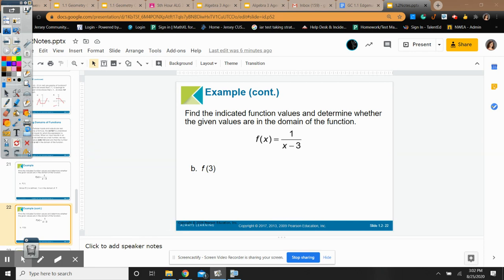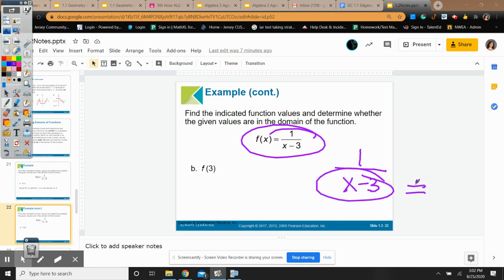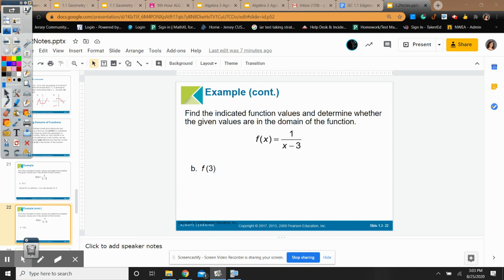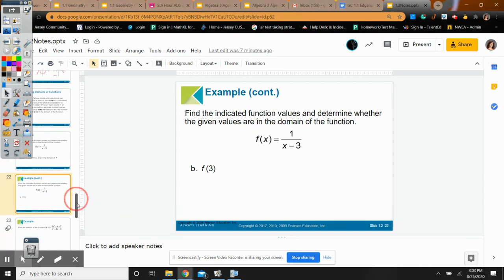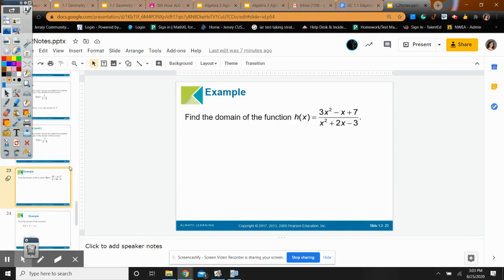It's the only number that would break this. And you should have known there's a risk factor because it looks like a fraction. So when it looks like a fraction, what you can say is, oh dear, this bottom cannot equal 0. You could have figured out x minus 3 cannot equal 0, and then you would have known that x cannot equal 3. You will have lots of practice with it. That's going to cause you some questions here at the beginning, but you will get better, I promise.